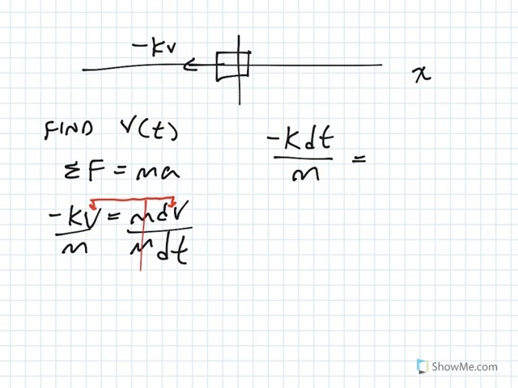Then multiply both sides by dt, and that makes that go away. What I'm left with is minus k dt over m equals dv over v, dividing both sides by v also. I know I'm making a mess here. So v over v on the right cancels out, and I end up with dv over v.